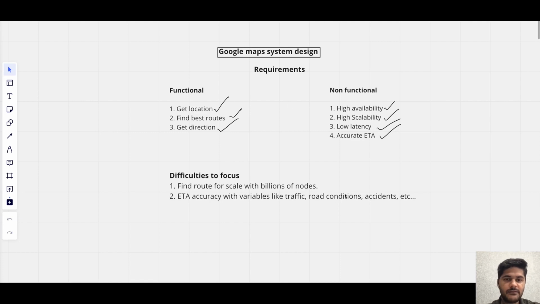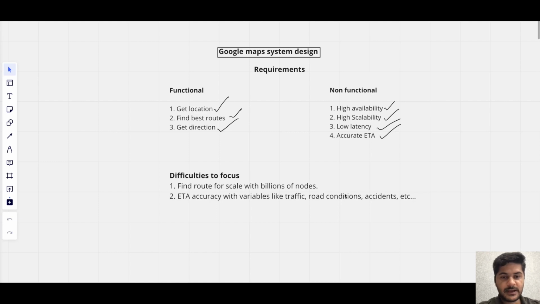Now when we have to design, what actually is the difficulty in that? We have to think first about where we should focus while we are designing this. First, because we are talking about distance and route finding, the shortest distance between two points, I'm sure we are aware that there are a lot of algorithms available to find the shortest distance between two given nodes in a graph, right?